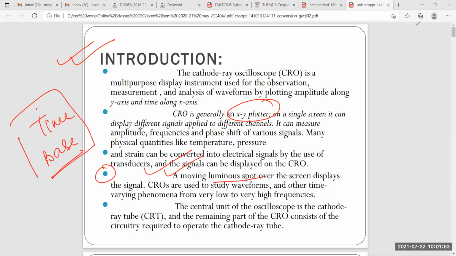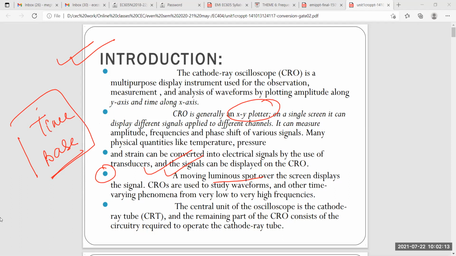Now, in CRO, what is important? It operates on voltages. And definitely in CRO, we can convert current, acceleration, pressure, and various other quantities to voltage with the help of a transducer, if required.